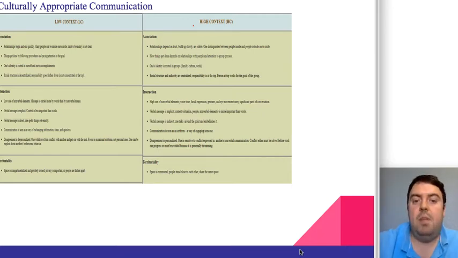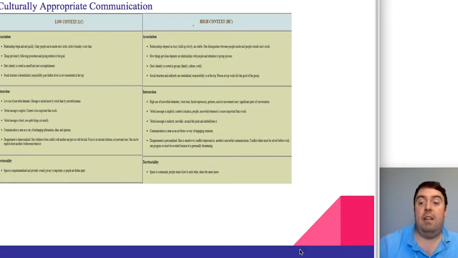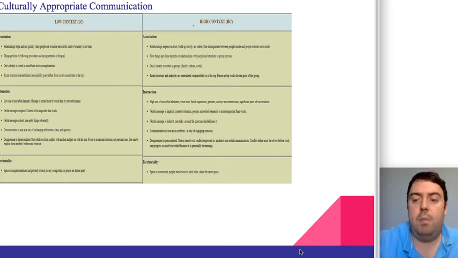And many times communication serves a very unique social purpose, and it's almost like an art form. So it's even more important to be an effective and artful and illustrative communicator when you're from a high context culture, because that really helps build relationships with people.